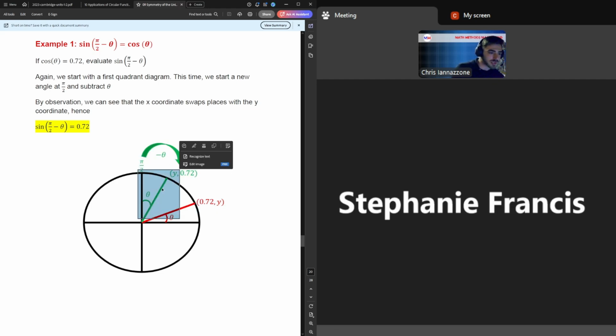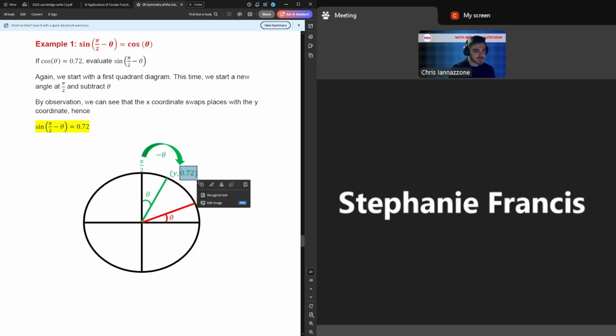And because you're going backwards in the same quadrant, that pi over 2 one, you flip them. So when you read this, this is the same as this. This is sine of pi over 2 minus theta. This is cos of theta. Because they're the same number, we can say they are the same thing. So that's a bit about where it comes from.